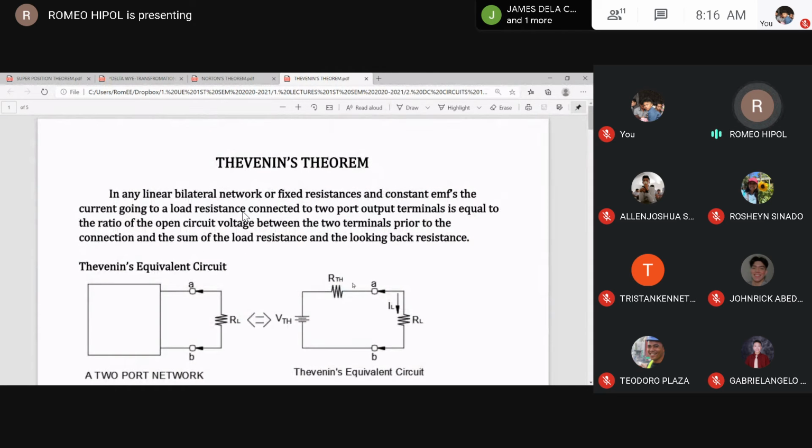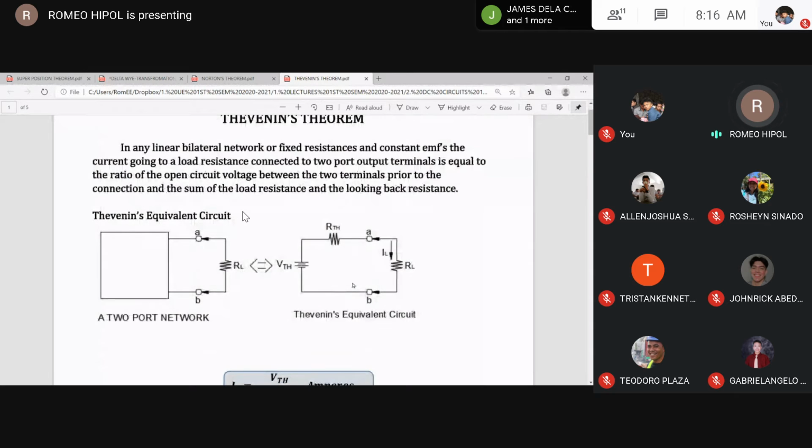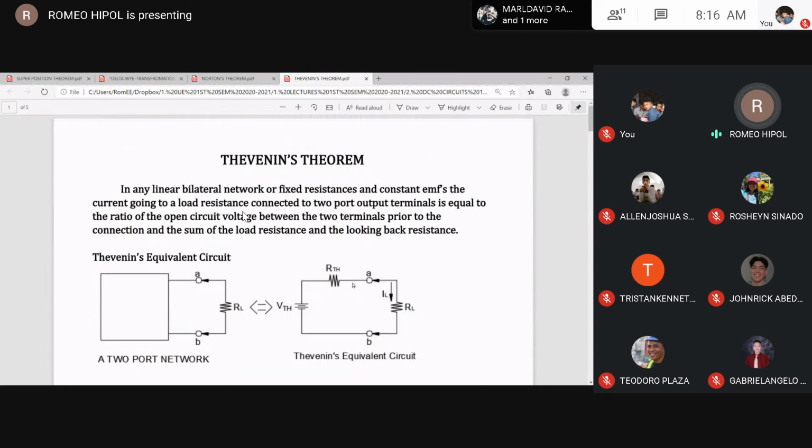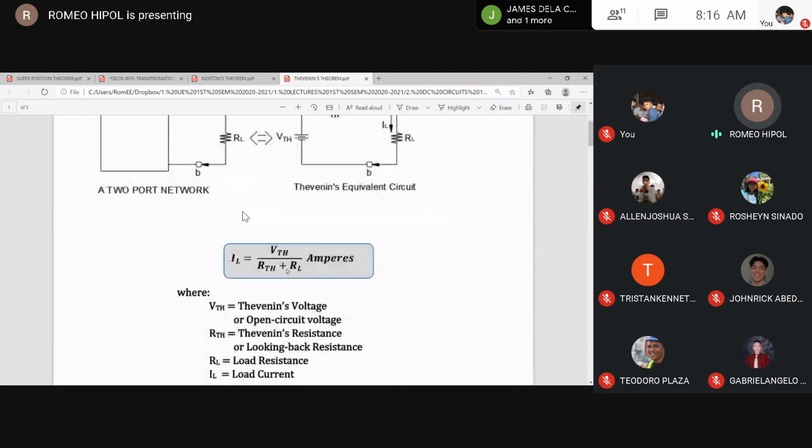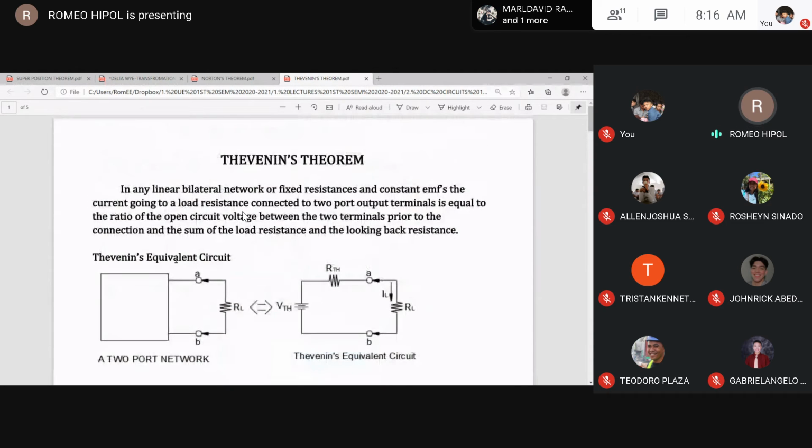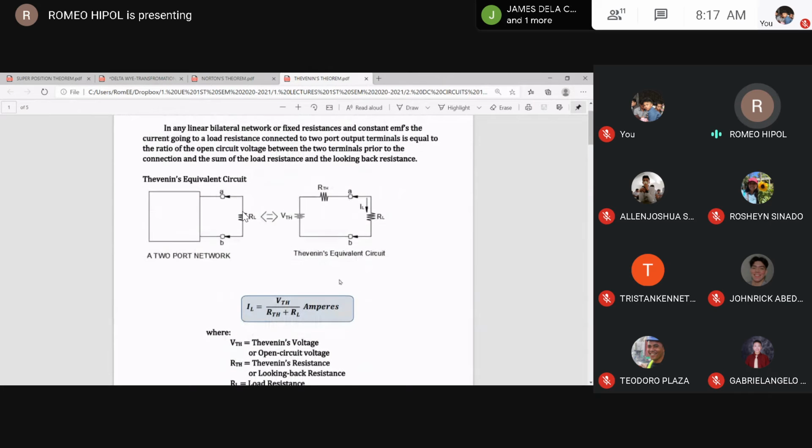So, in Thevenin's theorem, ano bang ginagawa? Actually, we have to consider this bilateral network. So, in Thevenin's theorem, we are simplifying the circuit to what we call the Thevenin's equivalent circuit.